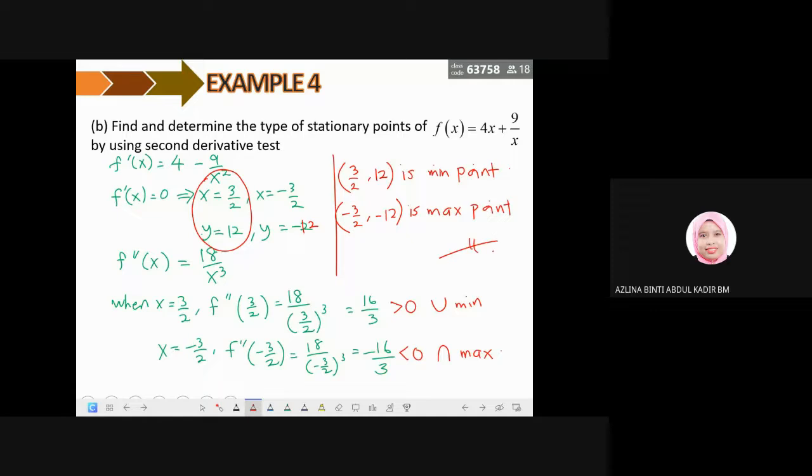Okay, so you can compare lah with first derivative test. Sama ke tak? Okay. Ni guna second derivative test to identify extremum point, whether minimum or at the maximum point. Okay, so habislah how to identify the extremum point using first derivative and second derivative test.